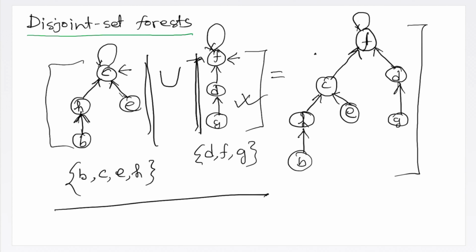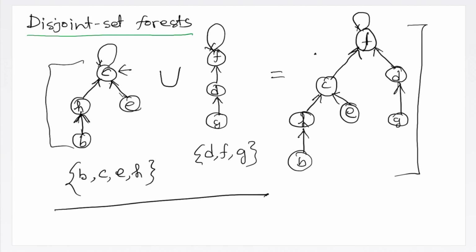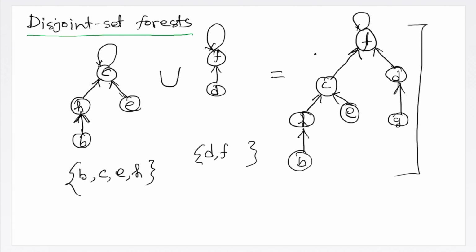Let's look at an example where we have two trees with different heights. Suppose at any time point we have this set and another set which only has D and F, where our tree is like this one. In this situation, these two trees have two different heights.